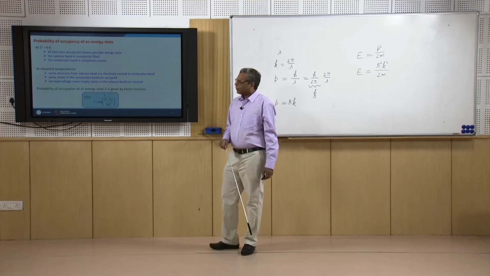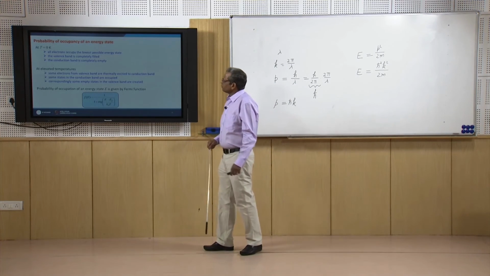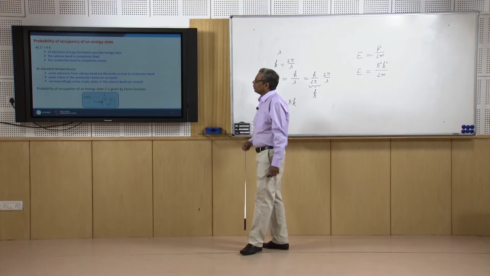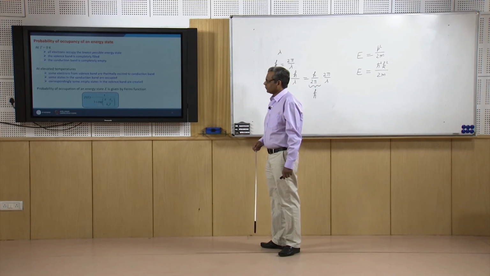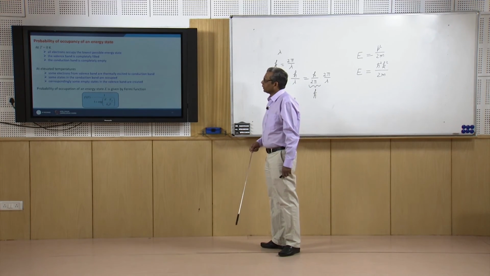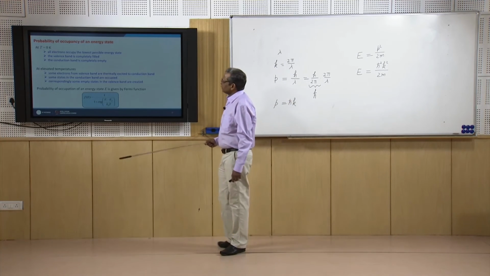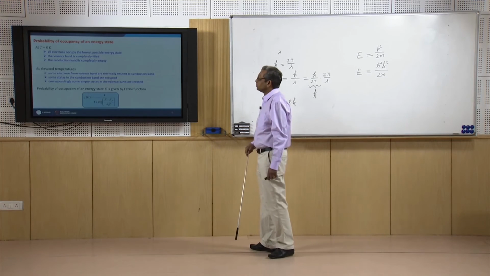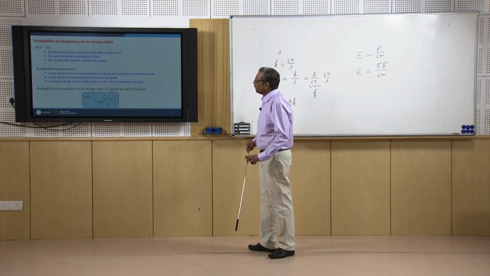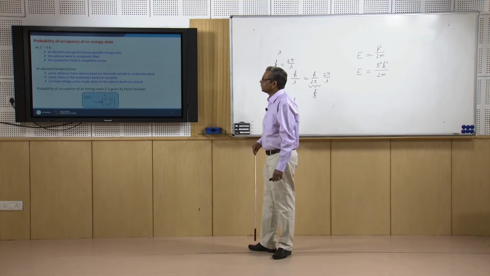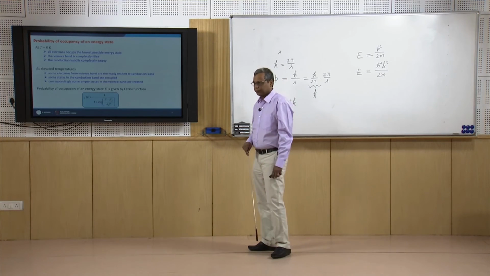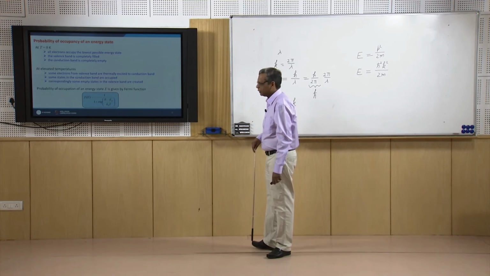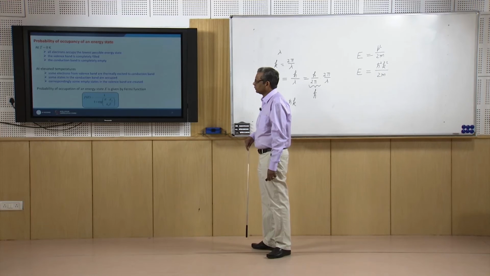So, now what is the probability of occupation of an energy state? At absolute zero temperature, all the electrons will occupy the lowest possible energy state, because they are not thermally agitated.